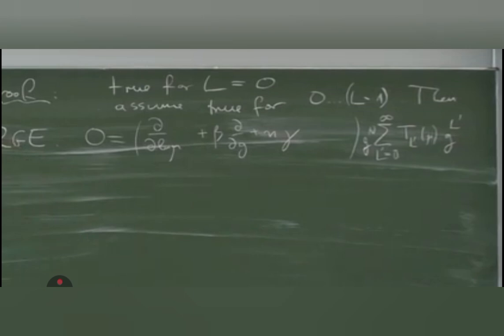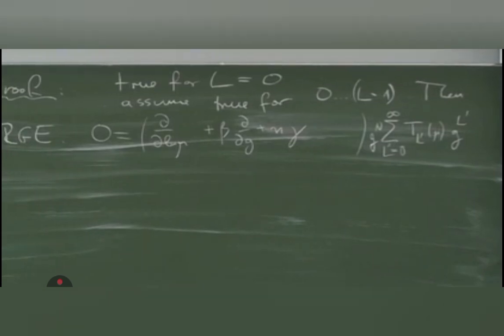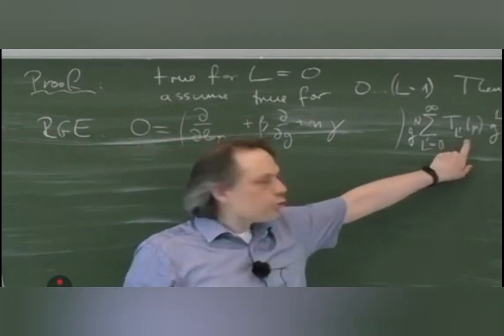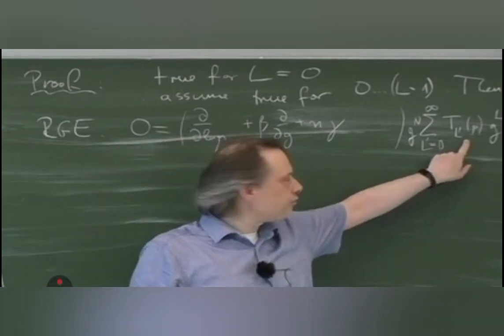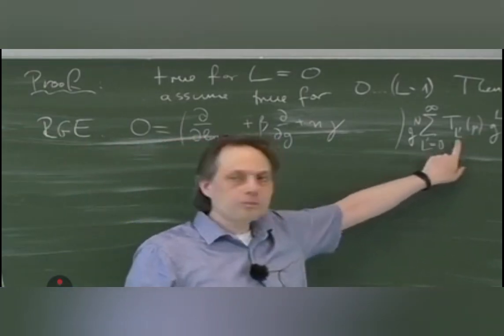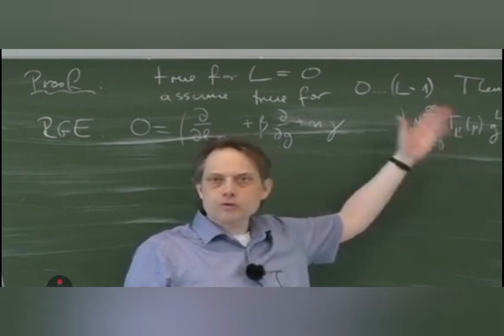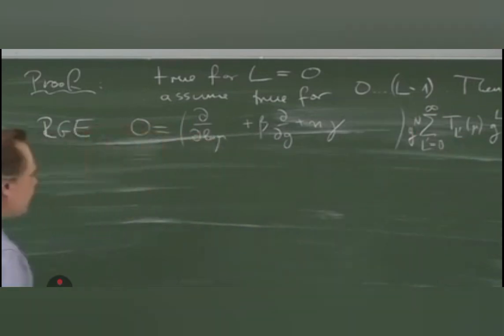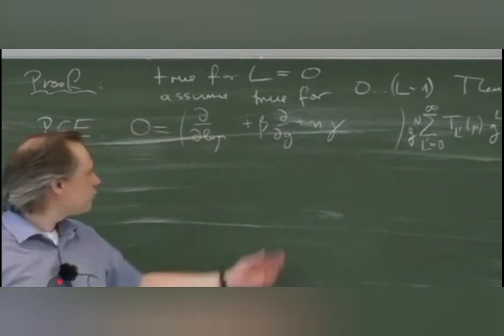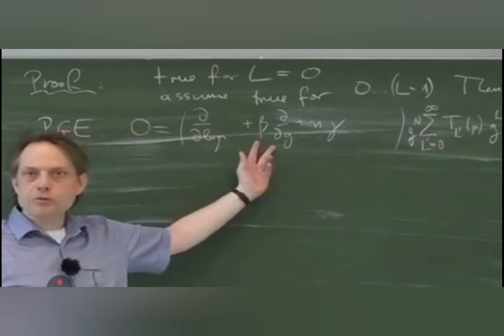And from this we want to establish our statement by plugging in, assuming the statement is already true for L prime which are smaller than L. And it comes from the fact that the beta and gamma functions start at higher order.